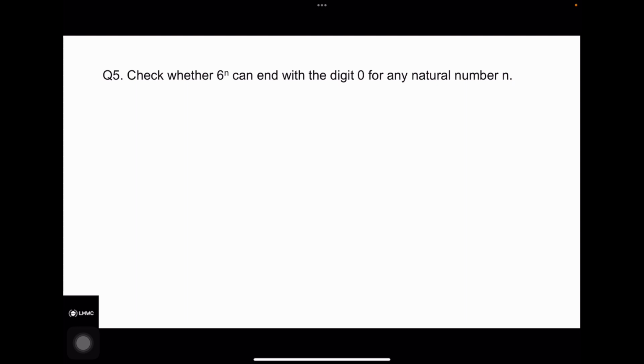Here you are asked to find whether 6 to the power n ends with the digit 0, where n is a natural number. Using the previous knowledge, we will just solve this one. We are given a number 6 to the power n, and this n is a natural number.